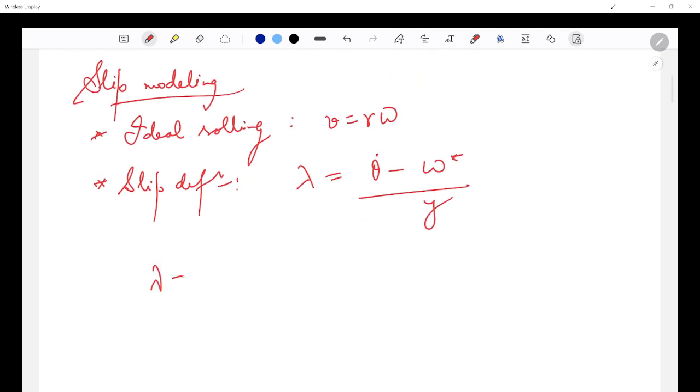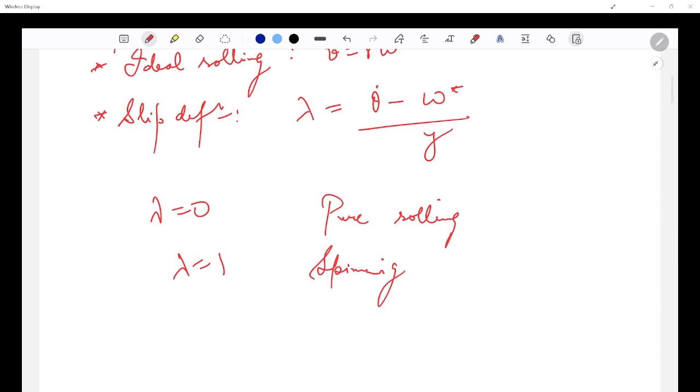Now if this lambda is equal to 0, which means that theta dot would be equal to omega star, it would be a case of pure rolling. If lambda is equal to 1, which means theta dot minus omega star would be equal to omega star, it is the matter of spinning. If lambda is equal to minus 1, it's skidding.